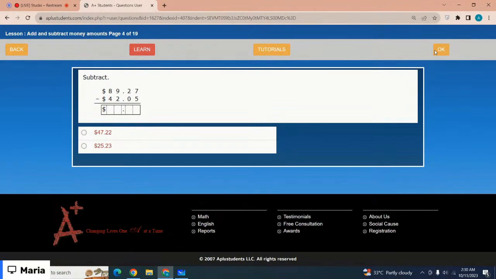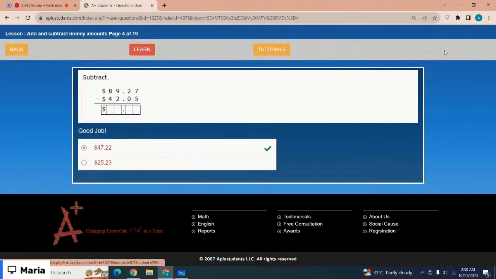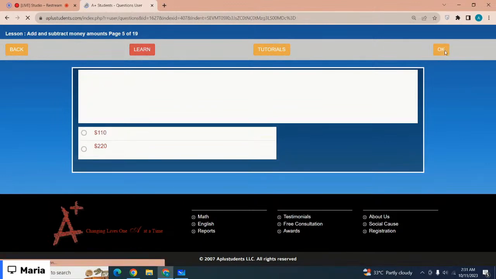Okay, the next one is you have to subtract 89,089.27 and 42.05. So, which is the correct option? Yes, last but not least, option number A. The next one is 701 minus 591, which is the correct option?